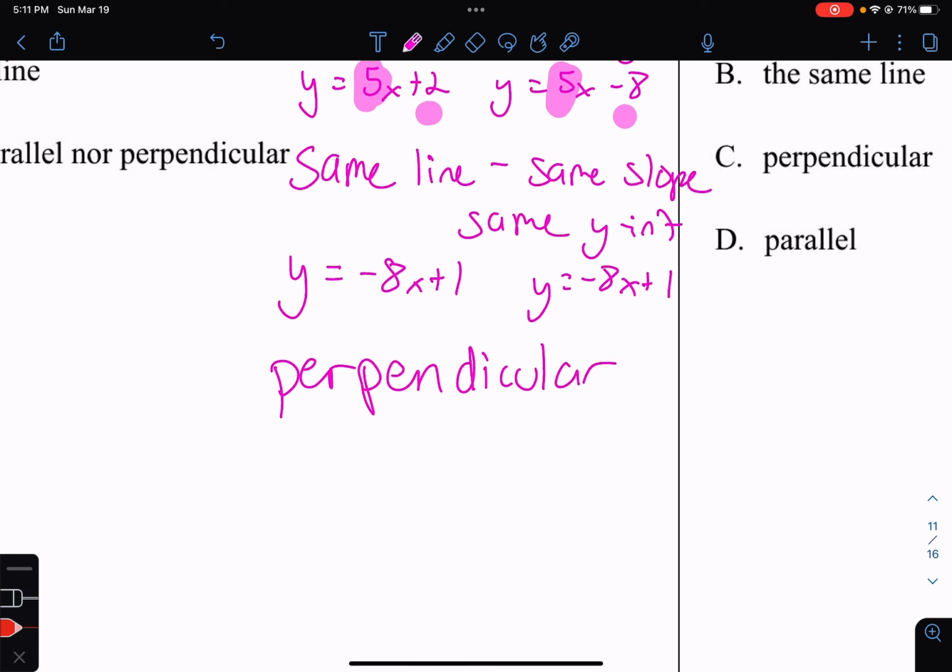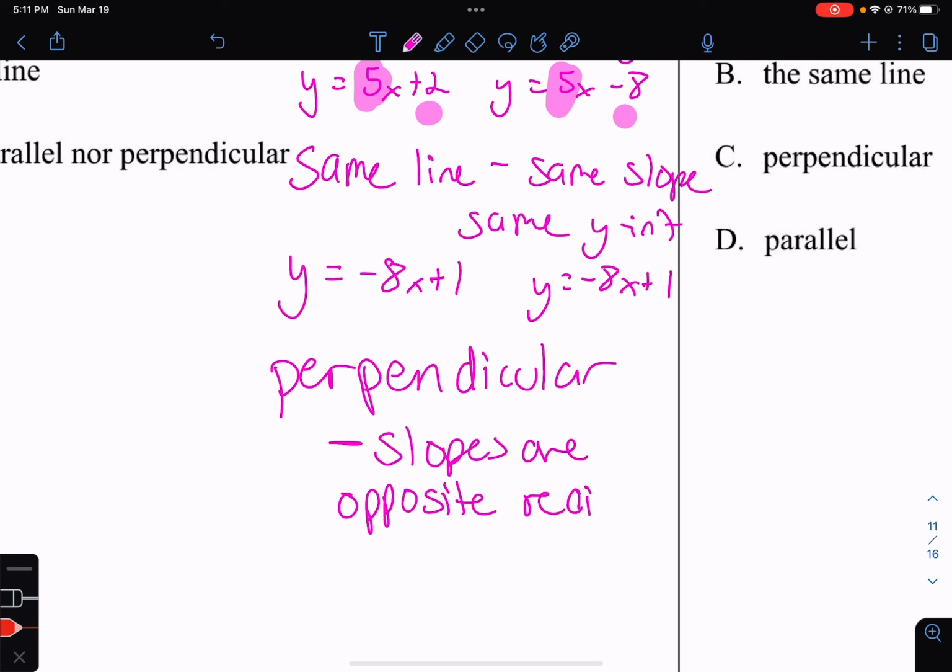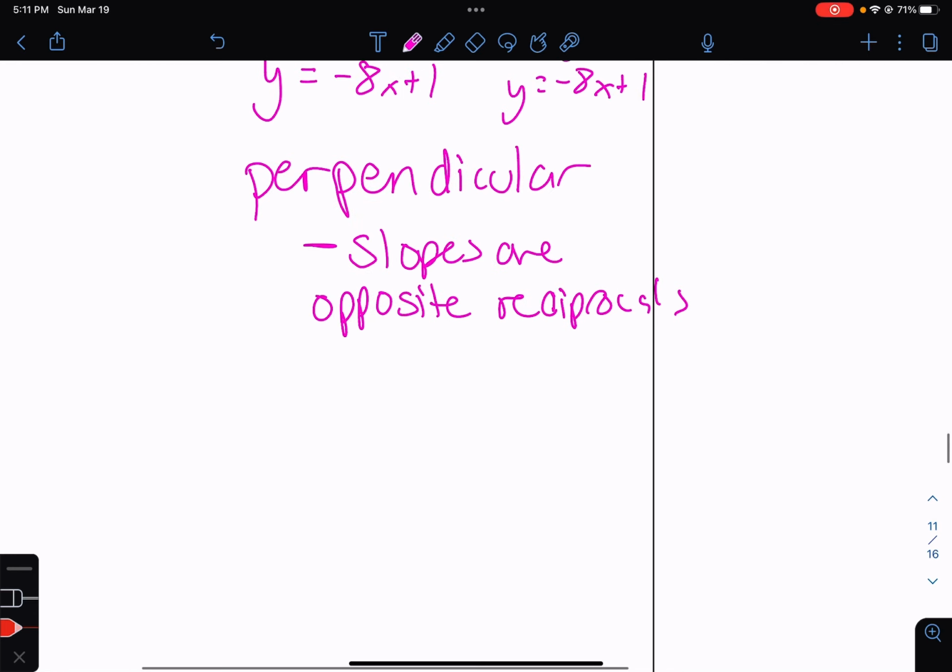Then we have perpendicular. You get a perpendicular line when the slopes are opposite reciprocals of each other. So an example of this, let's say we had y equals 1/3 x plus 5.